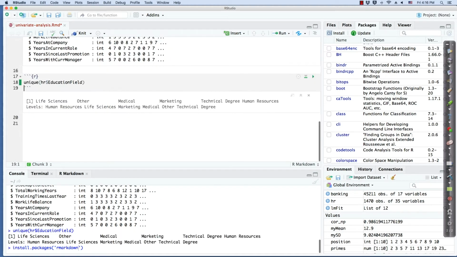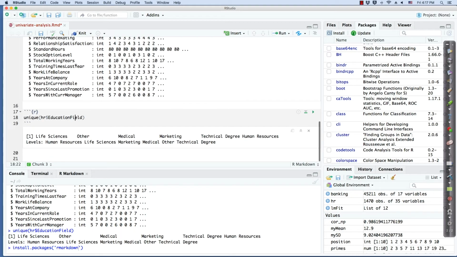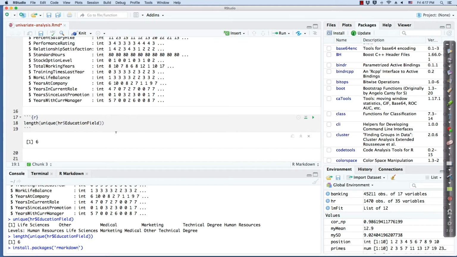When we execute this, we can see that there are categories like life sciences, medical, marketing, technical, human resources, etc. If you want to know how many unique categories we have, you can wrap this in the length function. So, in total we have 6 unique categories.